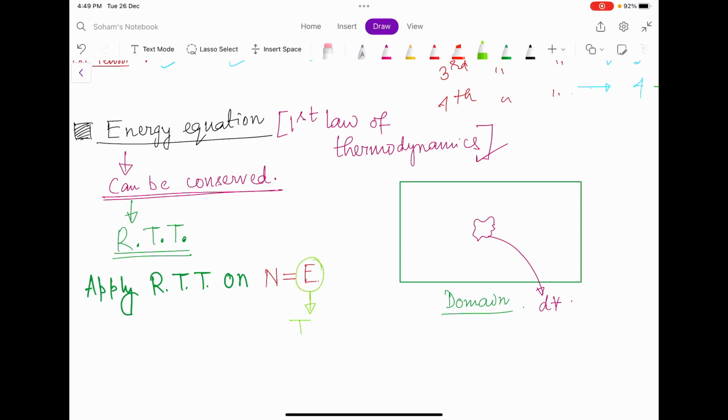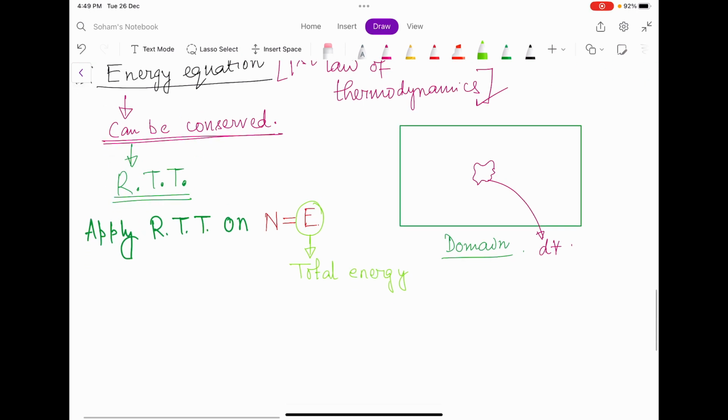E is the total energy. This total energy means, and this is very important, kinetic energy and internal energy.